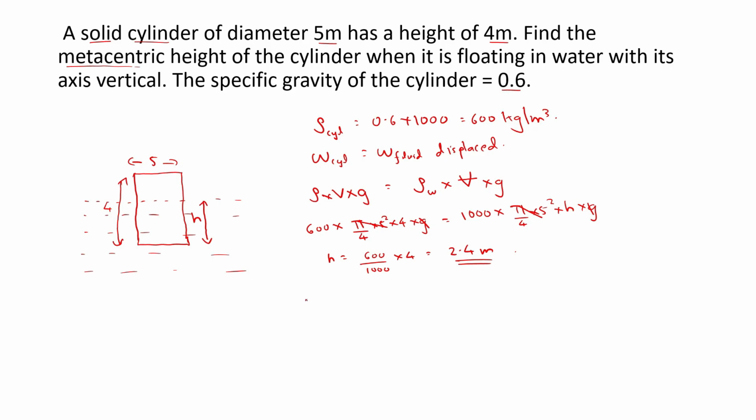Now, what is metacentric height GM? The formula for metacentric height is I by V minus BG. See, the center of buoyancy will be here.